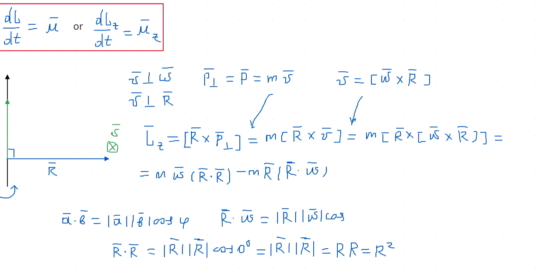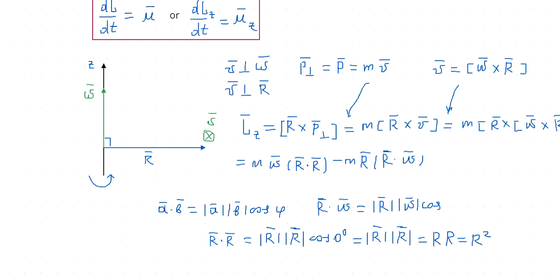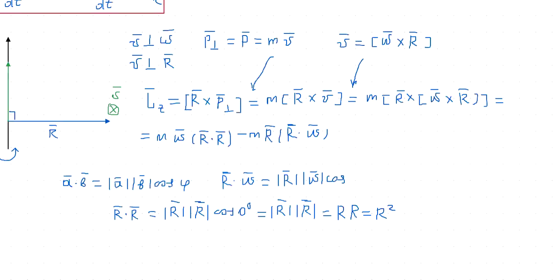According to the picture, we have the right angle, 90 degrees, between R and omega. So here we have 0, because cosine of 90 degrees is equal to 0.